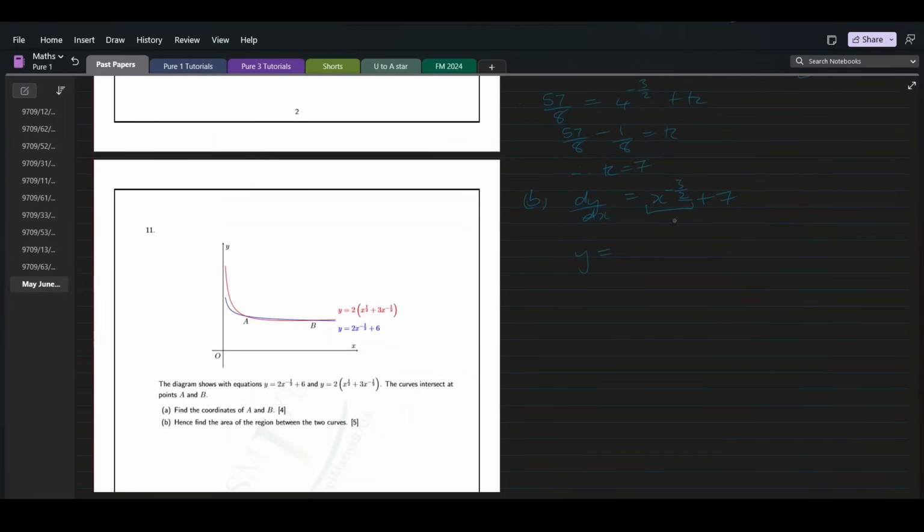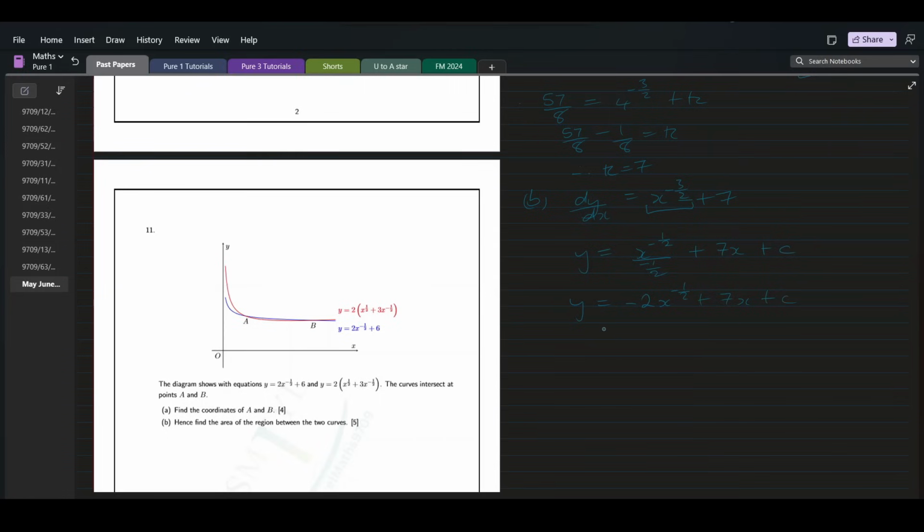Let's add 1 to negative 3 over 2. We get negative half. Let's divide by negative half. And this is plus 7, that will become 7x plus a constant of integration. So y is equal to negative 2x to the negative half plus 7x plus c.